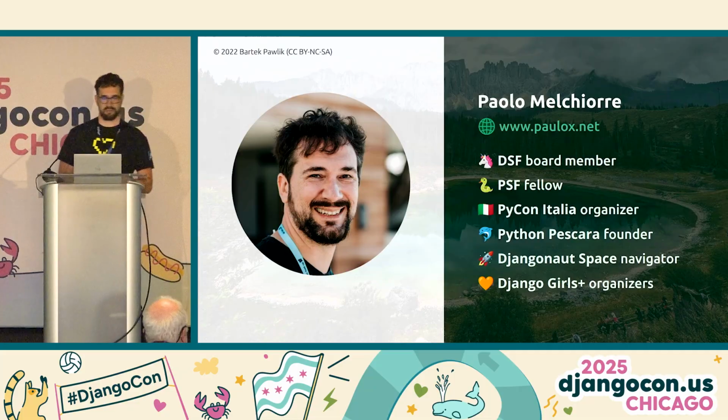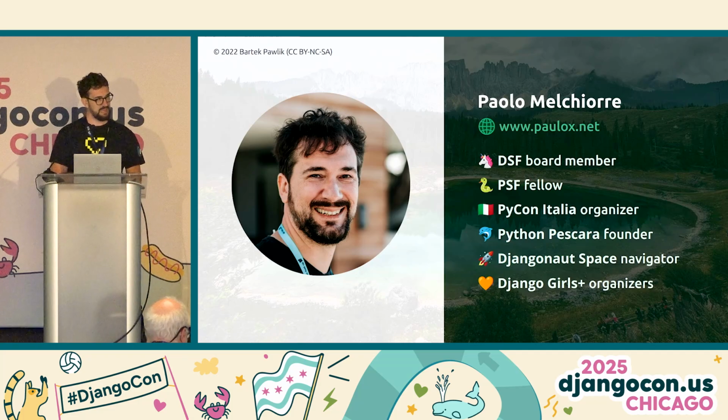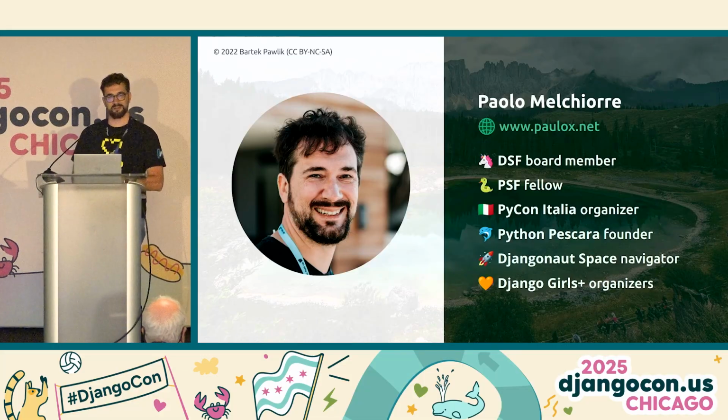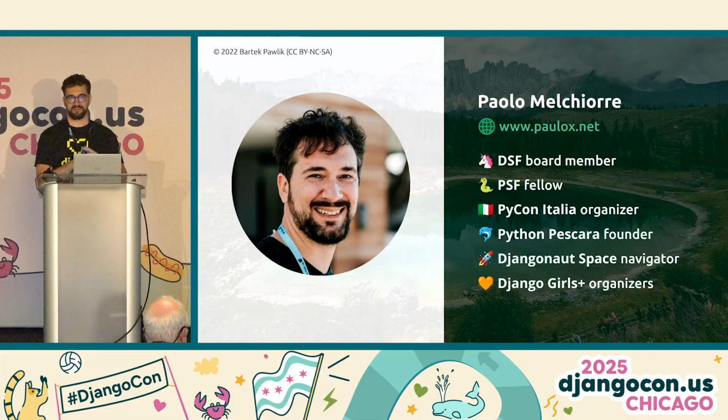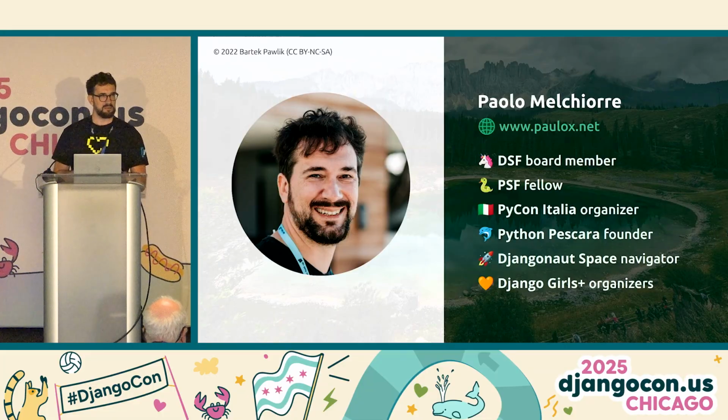I organize PyCon Italia, and I organize some Django Girls workshops. I contributed as a navigator to the Django Nodes space. But what I like the most is developing with Python and using Django, of course, in particular working at the database level.